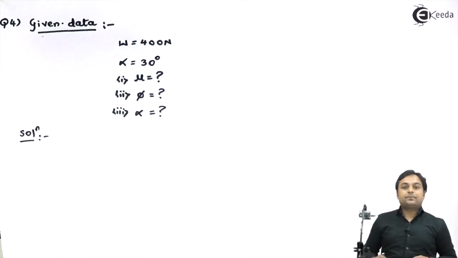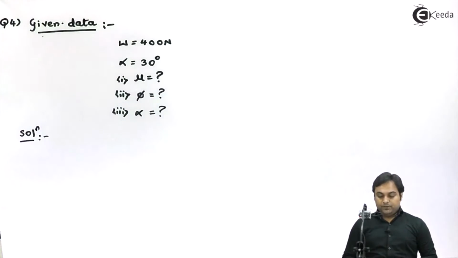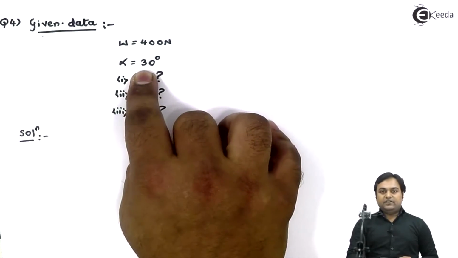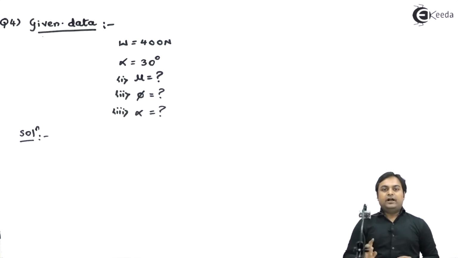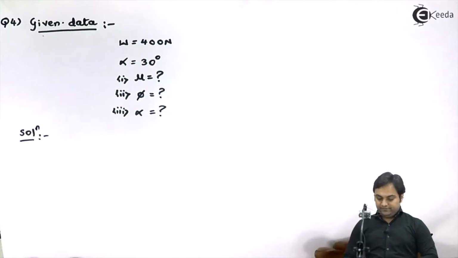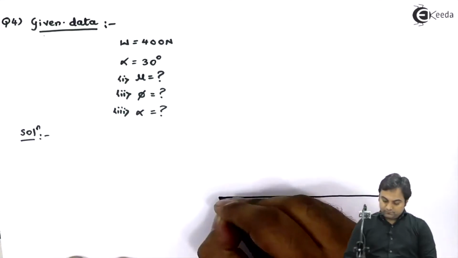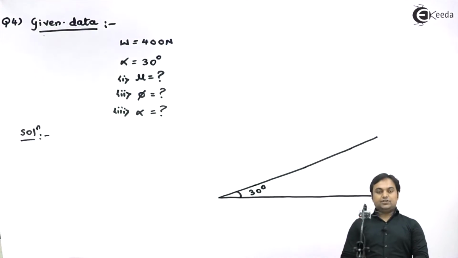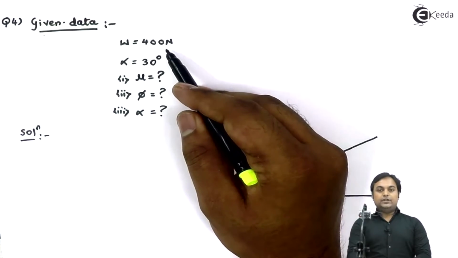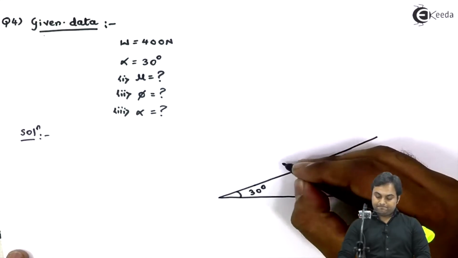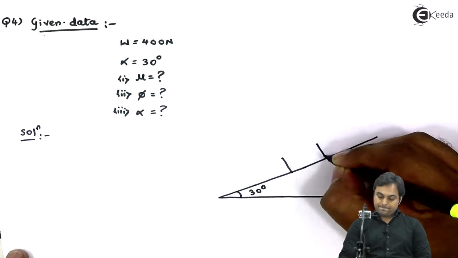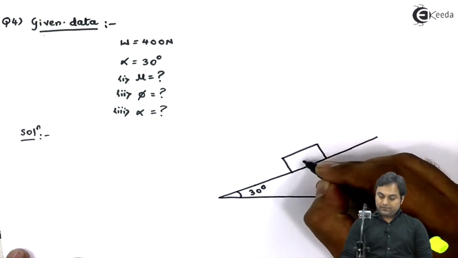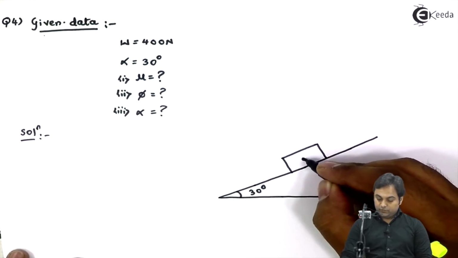First of all, here in this problem, they have given that alpha is equal to 30 degree. So I would be drawing an inclined plane first. That is the angle of inclination. Load, or you can say weight of the block, is 400. That weight would be acting downwards.